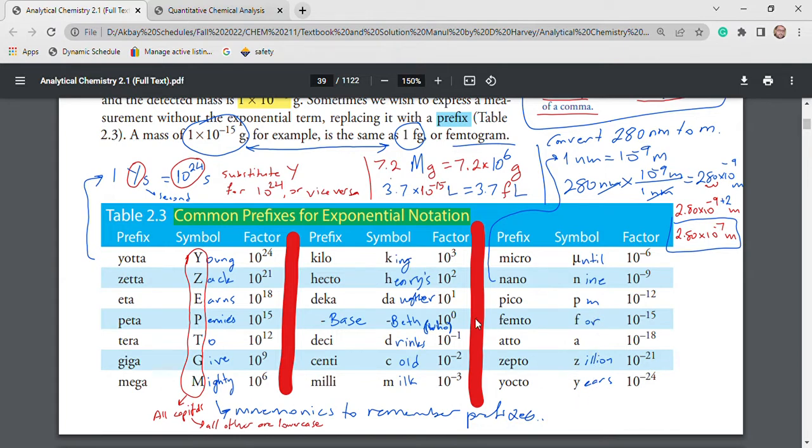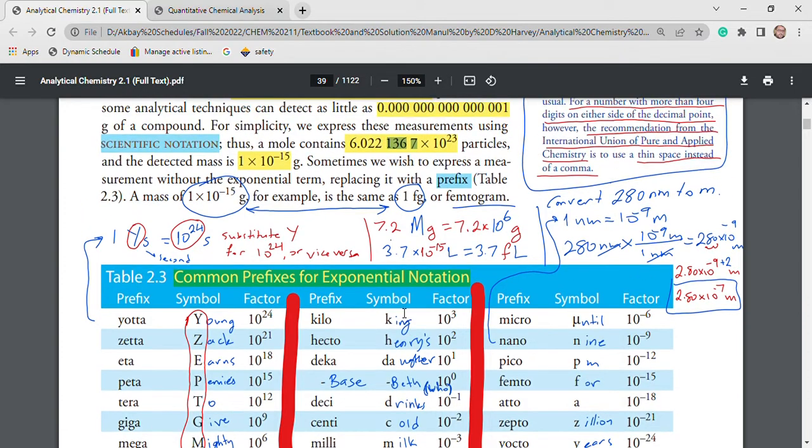So you see, those are the common prefixes that we have, and 10 to the 24th is the exponential term that can be substituted for Y, the yotta, or vice versa.